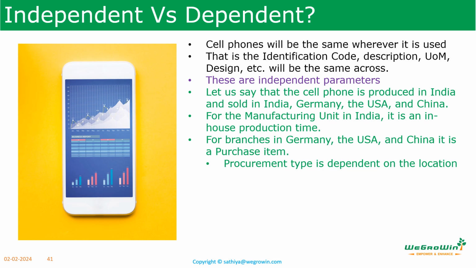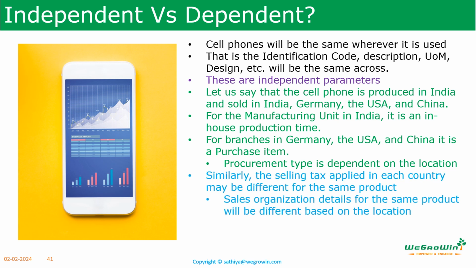Let us say that the cell phone is produced in India and sold in India, Germany, the USA, and China. For the manufacturing unit in India, it is an in-house production item. For the branches in Germany, USA, and China, it is a purchase item, meaning they are purchasing from India and then selling it. So the procurement type in India is in-house production, but in other countries, it is a purchase item. So they change based on the location, based on how the procurement is done, whether it is produced or purchased.